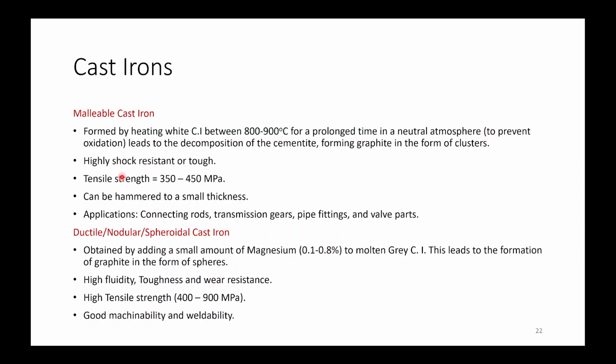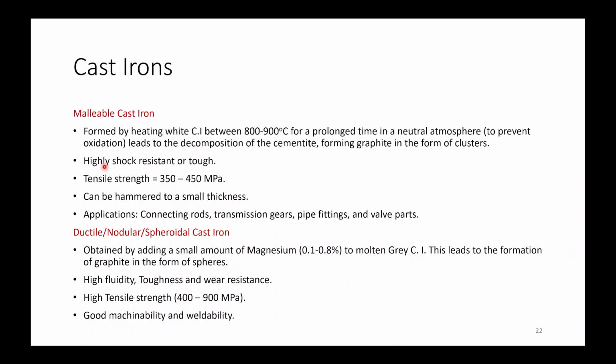It will prevent any oxidation and it will lead to decomposition of cementite. So cementite will break down into iron, ferrite and graphite. This graphite will form in the form of clusters. These clusters are known as rosettes.